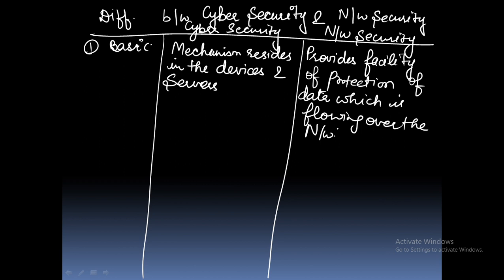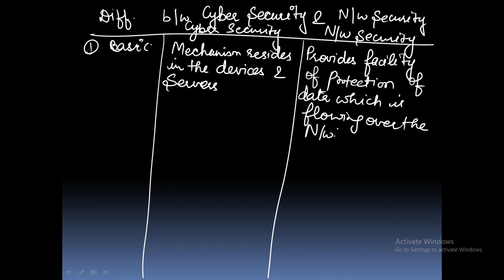So the first difference is that cyber security provides a protection mechanism which resides in the devices and servers for data residing. On the other side, network security provides the facility of protection of data which is flowing over the network.